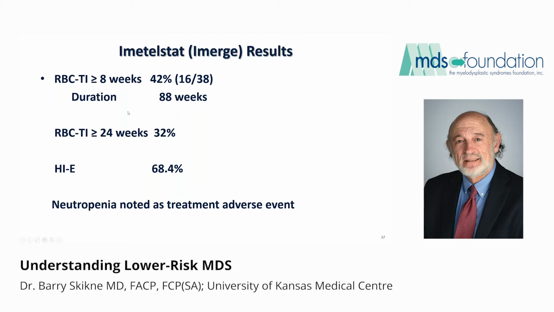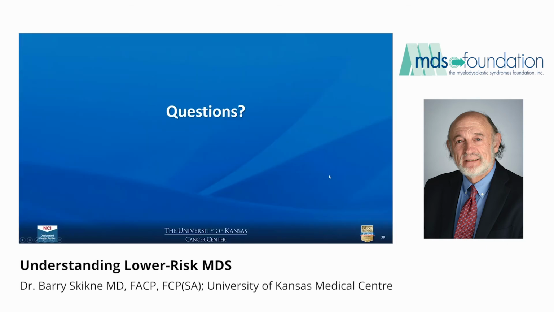And if you looked at patients who were looked at for red cell transfusion independence lasting at least 24 weeks, that was 32% of them, and 68% of the patients had an improvement in their hemoglobin level. So it's a new drug with some hope that these results will continue in the phase 3 study, and it will also become available.